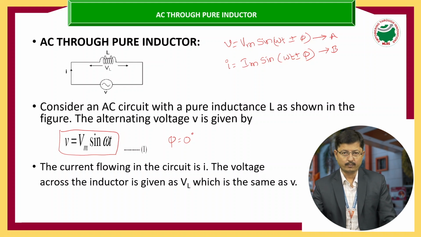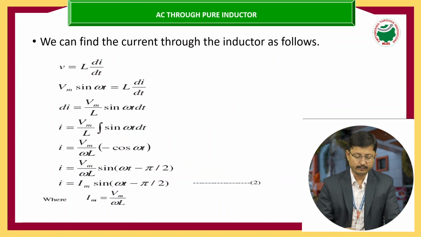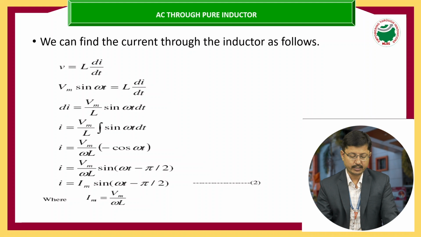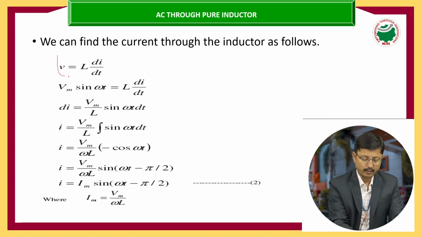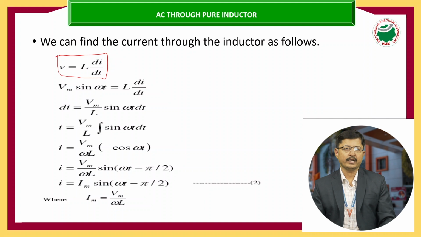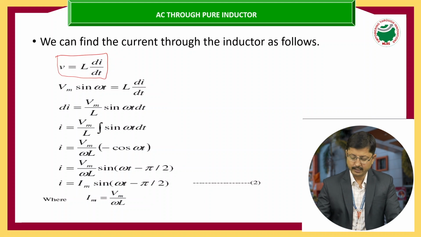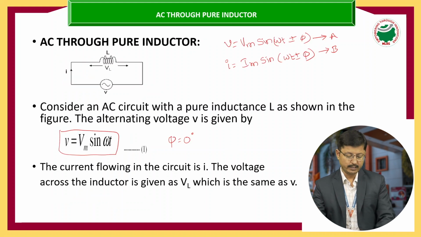Now let us find the current that flows in the circuit. As you know, the voltage across the inductor is V equals L di by dt. From this relation we can derive the current expression. We apply the sinusoidal voltage V equals Vm sin omega t to the inductor, so the voltage across the inductor is the same as the supply voltage.